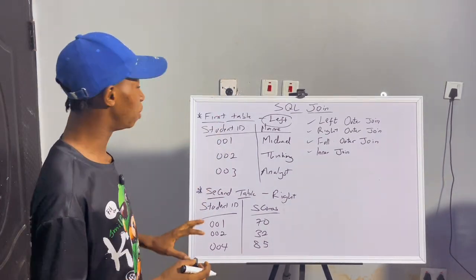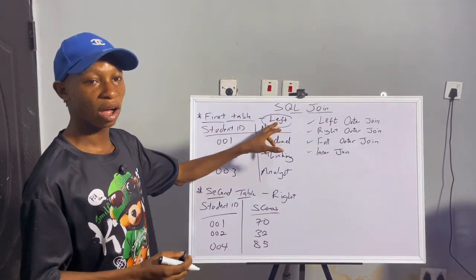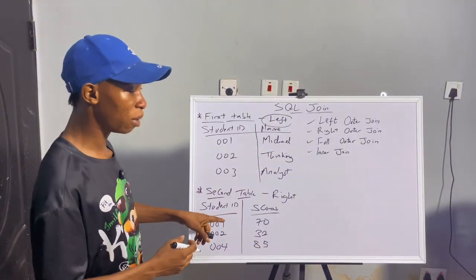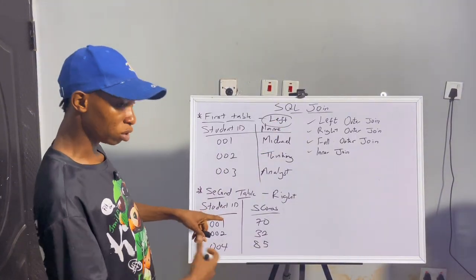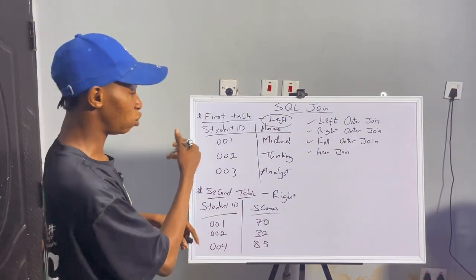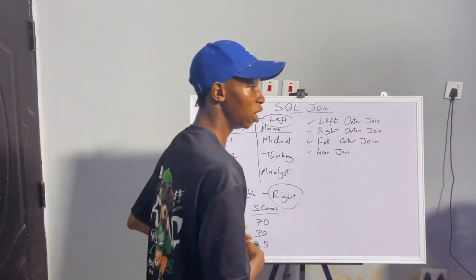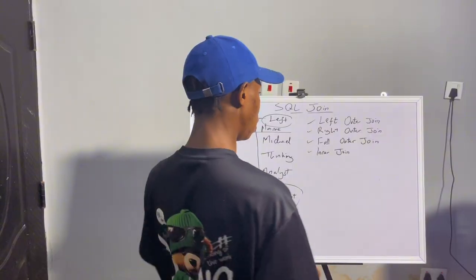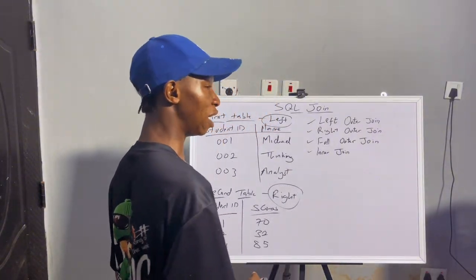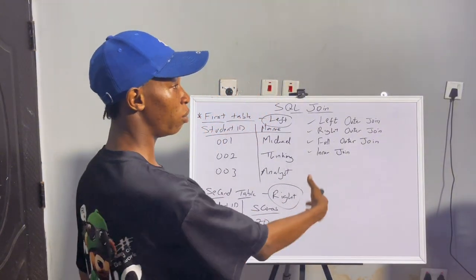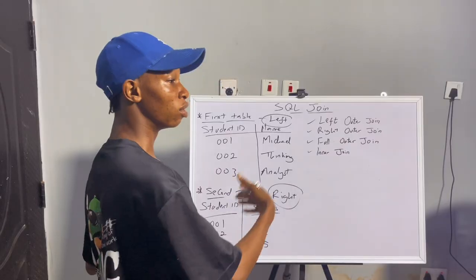The one that comes second, or after the first one, is called the right table. If it's on a horizontal arrangement, the one that comes first on your left hand side is your left table, while the one at your right hand side is your right table.